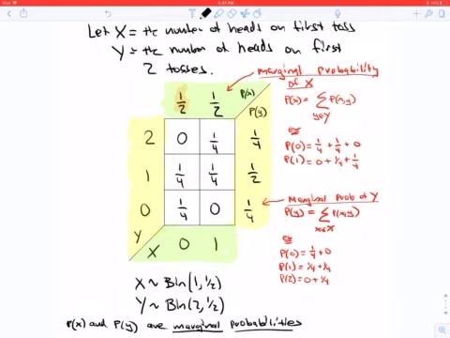And I've written on the opposite end of the table the marginal probabilities for x and y. The marginals for x are the sum of the columns.